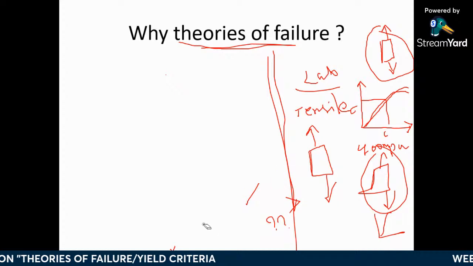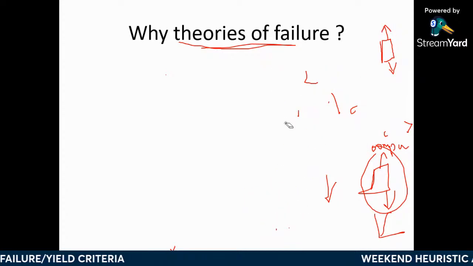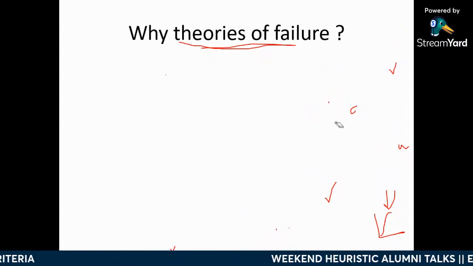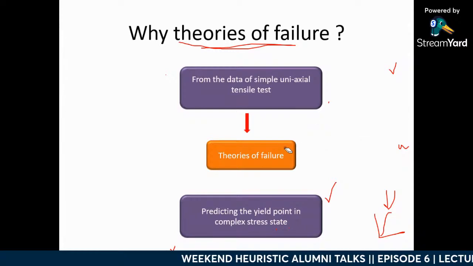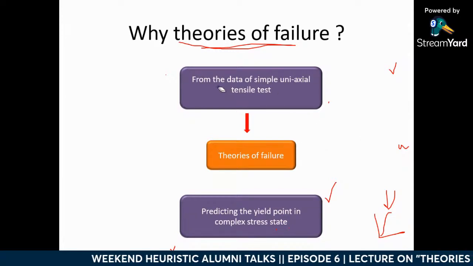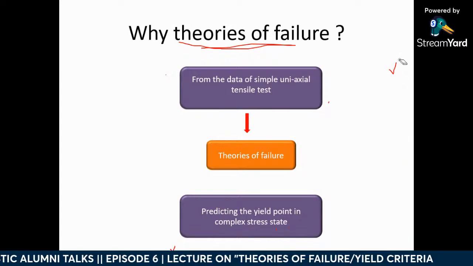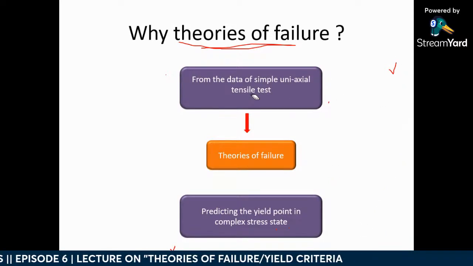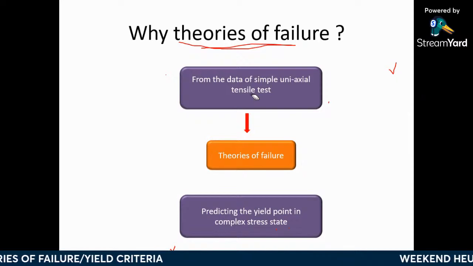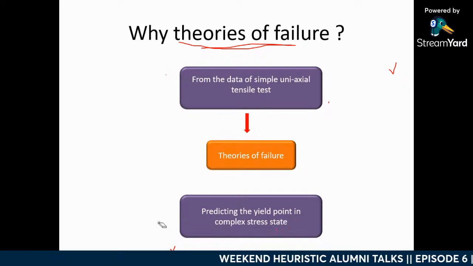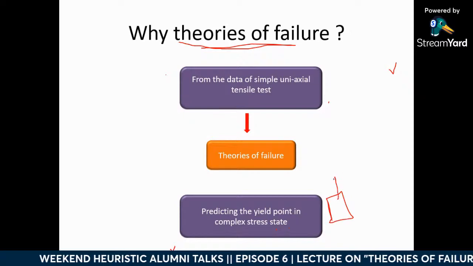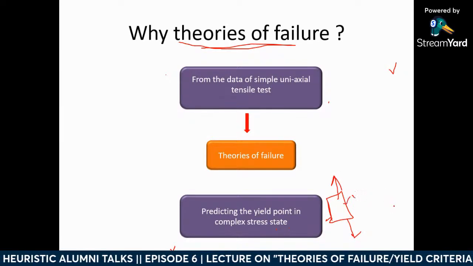That's where theories of failure have come in. What do theories of failure do? They take the data of a simple uniaxial tensile test. You perform the test on uniaxial only, but you apply these theories of failure and predict the failure point in a complex stress state, which can be biaxial or triaxial.